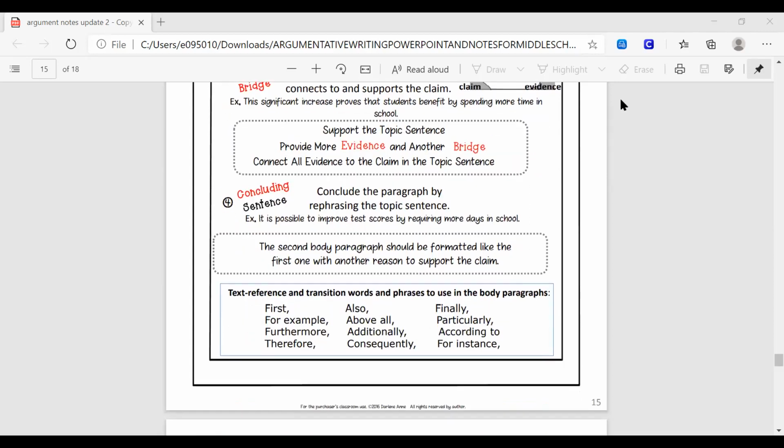Some of the transition words and phrases you can use would be first, for example, furthermore, therefore, also, above all, additionally, consequently, finally, particularly, according to, and for instance.